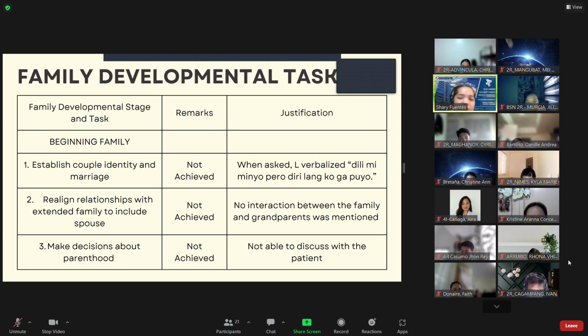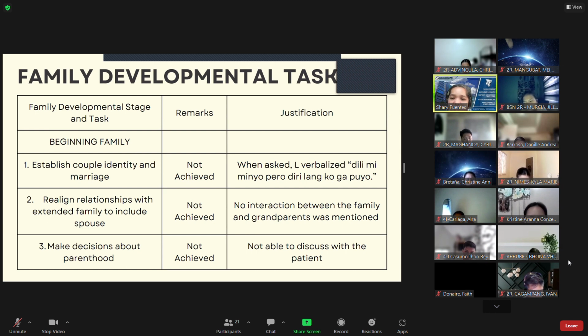How about the term for mutually satisfying marriage? Is it that the relationship is not mutually satisfying? Ilang ako, ma'am, satisfying na siya, ma'am.